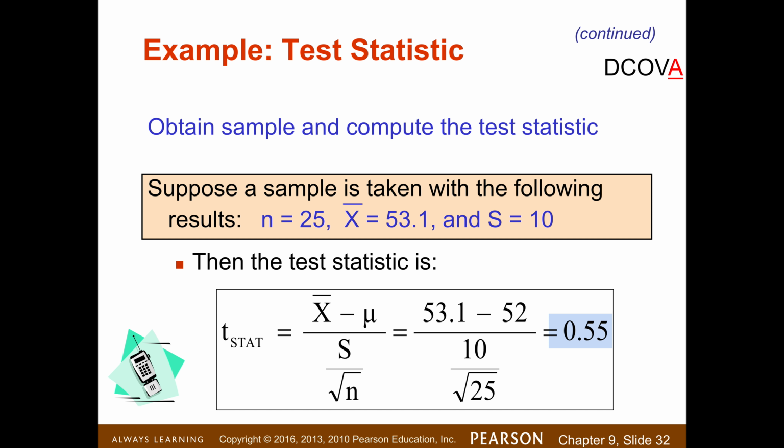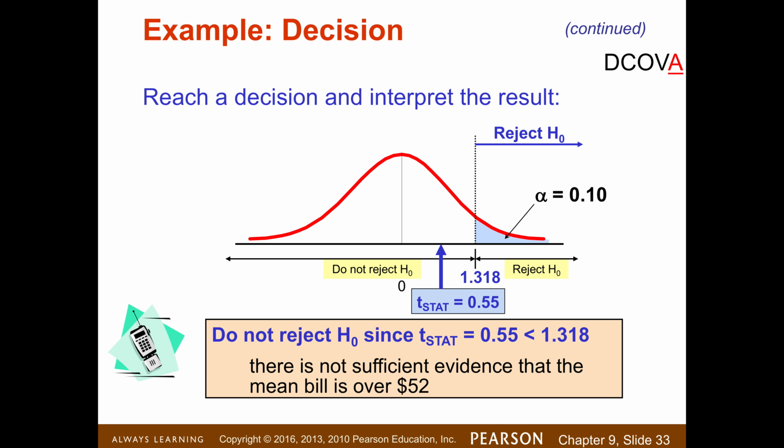The hypothesized value is 52, so they put that in for mu. The sample standard deviation is 10, so they put that in for s, and sample size 25, so they put that in for n. So the 0.55 falls to the left of the 1.318, so we fail to reject and find there is not sufficient evidence that the mean bill is over 52.